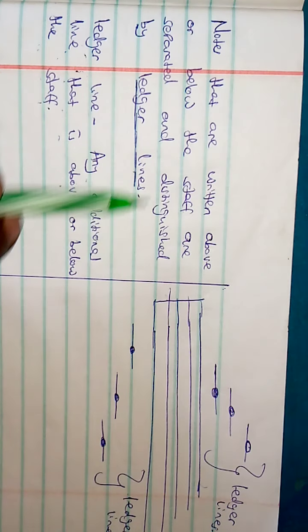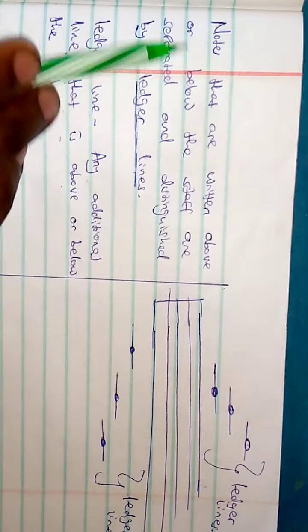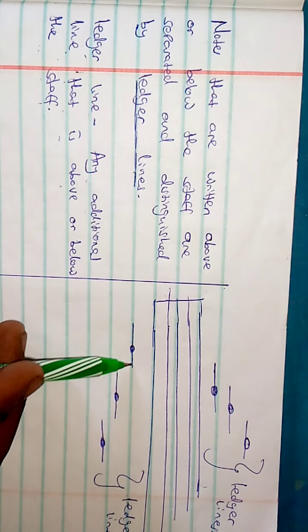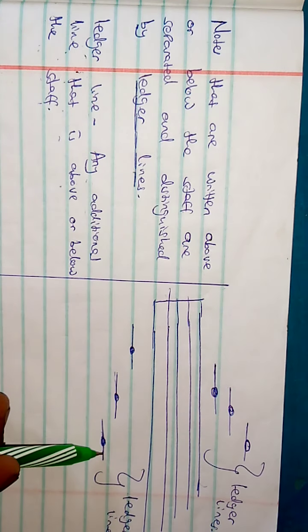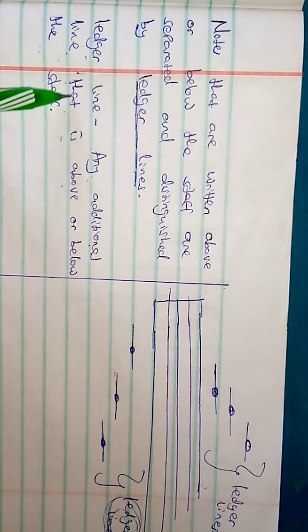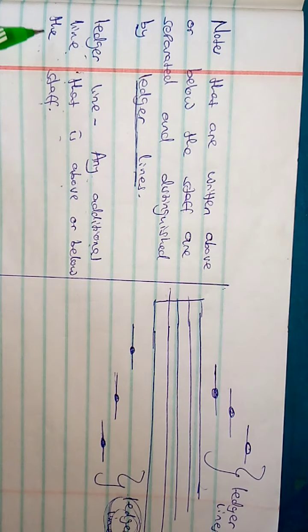So these lines are what we are referring to as ledger lines. Are we together? So a ledger line is any additional line that is above or below the staff. And that is all about the staff.